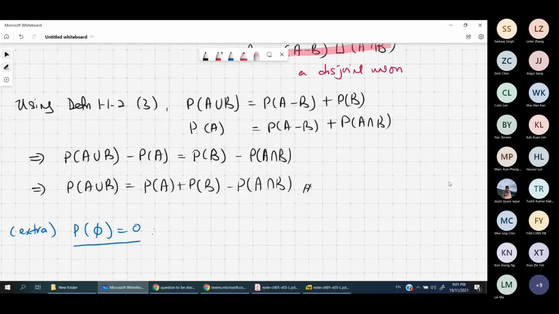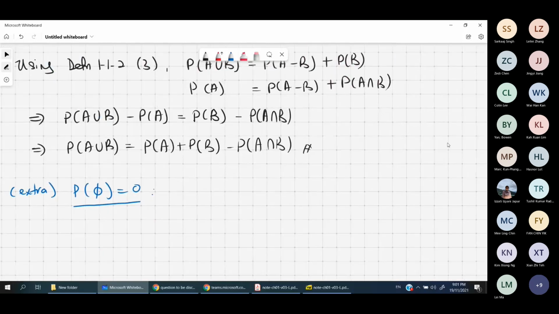Okay, how am I supposed to prove this? I think forget it, I also don't know how to do it. Let's assume this is true. You guys can think about how to prove it.